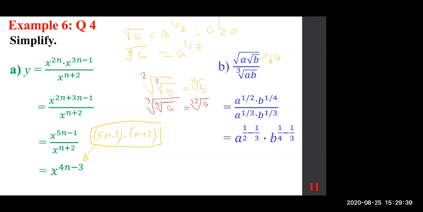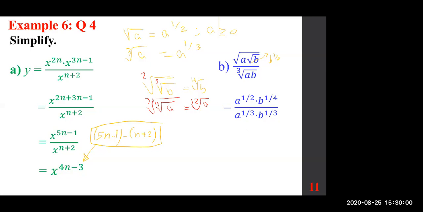So with that being the case, we look at the numerator. Going back, a to the power of 1/2, b to the power of 1/4, and on the bottom is a to the power of 1/3, b to the power of 1/3.